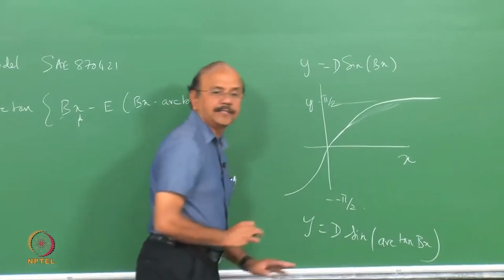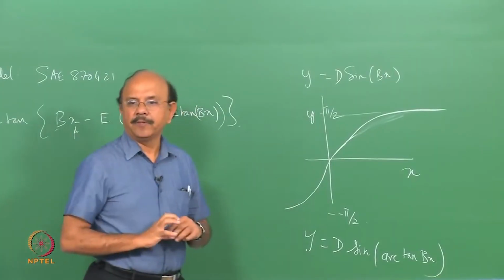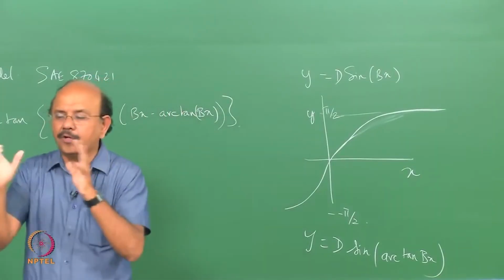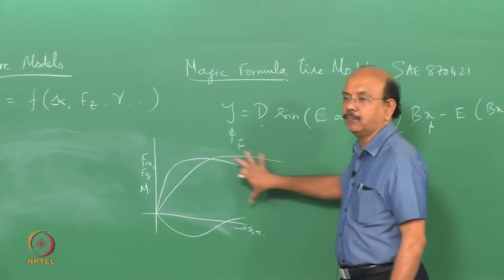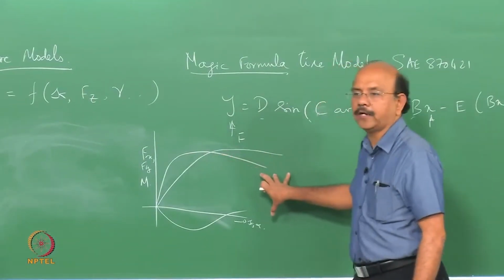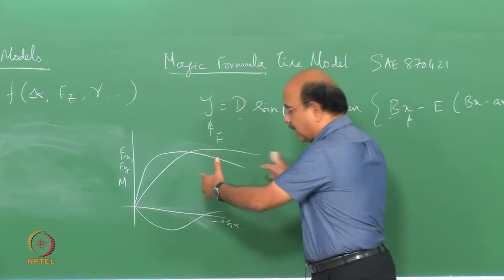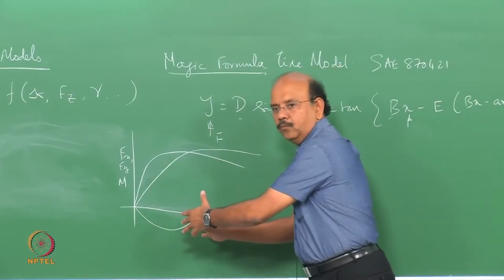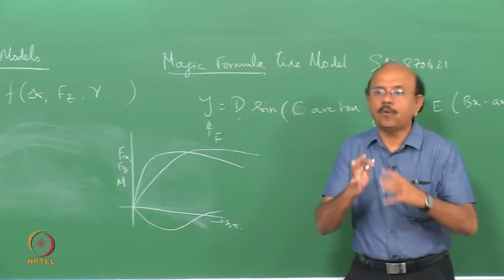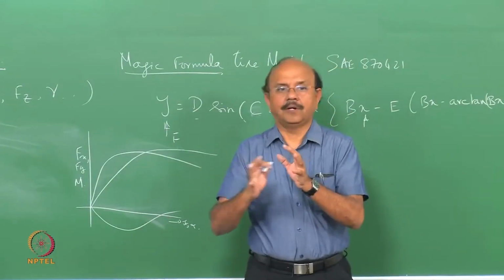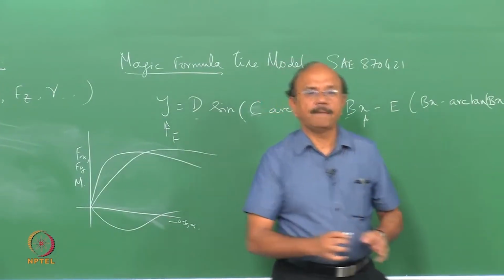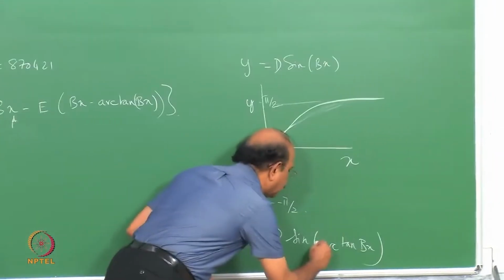Arctan bx, then I would elongate it. But the amount of elongation I have to now control. Here it is not very much elongated, here it is elongated more, and then here it is elongated less, and so on. This looks like a sinusoid with a lesser elongation, larger elongation, very short elongation. So I have to now adjust this elongation. How do I adjust that elongation? By multiplying it with a constant called c.